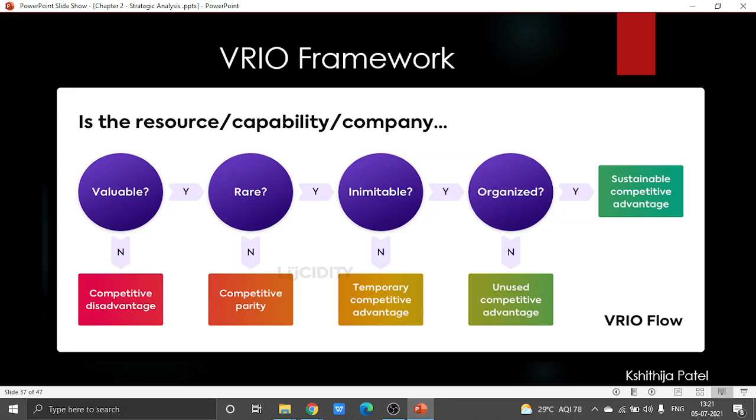Now, if the answer is that the resources are not valuable, then it shall bring competitive disadvantage. If the organization's resources are not rare in nature, then it shall bring competitive parity. If the organization's resources are imitable in nature, then it can only bring temporary competitive advantage and not a competitive advantage in the long run.